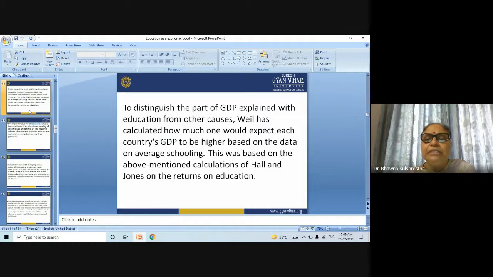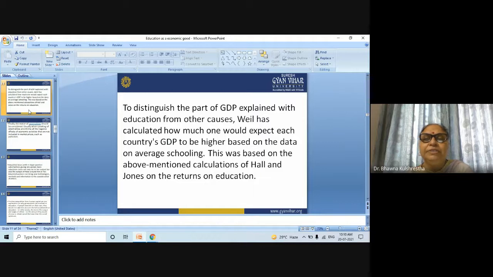This was based on the above-mentioned calculation of Hall and Jones on the returns on education.